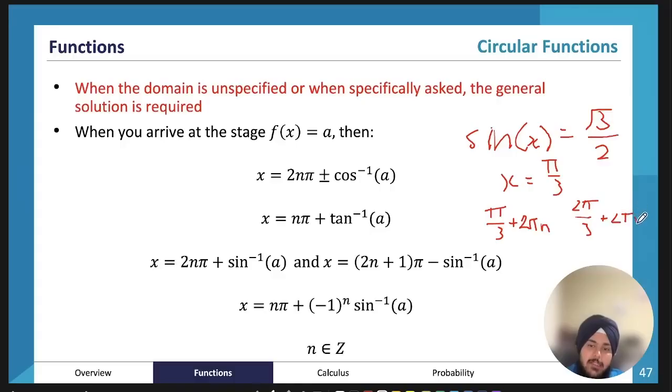So what this does is it gives us a general solution. Once we sub in an integer value for n, we can get the relative answers for the solution. So we can get all the values from negative infinity to positive infinity just by substituting integer values for n. And remember to write this as well: n is an integer.